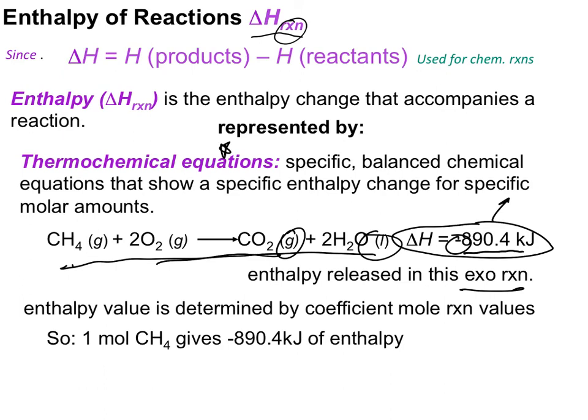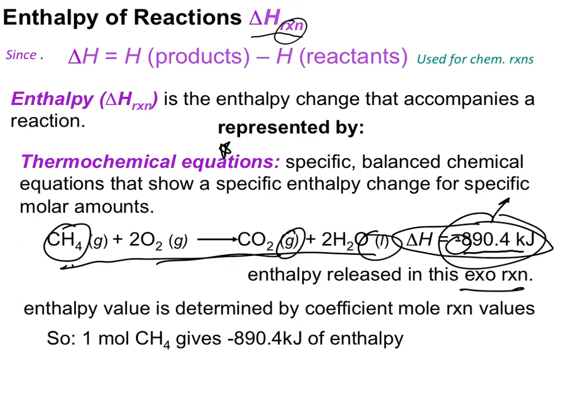So the way we could describe the enthalpy value is that for every 1 mole of methane, this thermochemical equation would produce negative 890.4 kilojoules.